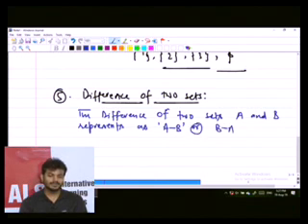So this is known as the difference of two sets, A minus B or B minus A. Now A minus B is a different thing, and B minus A is a different thing. Let me tell you. First, what is A minus B?